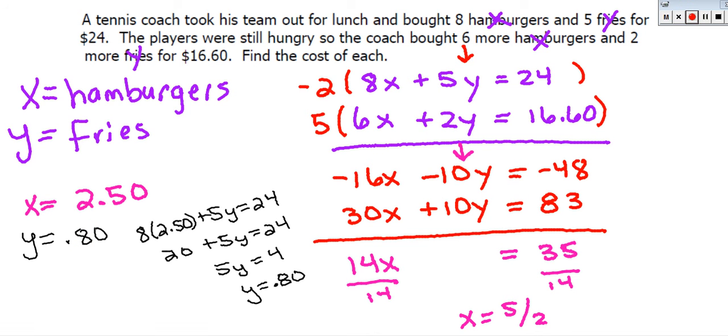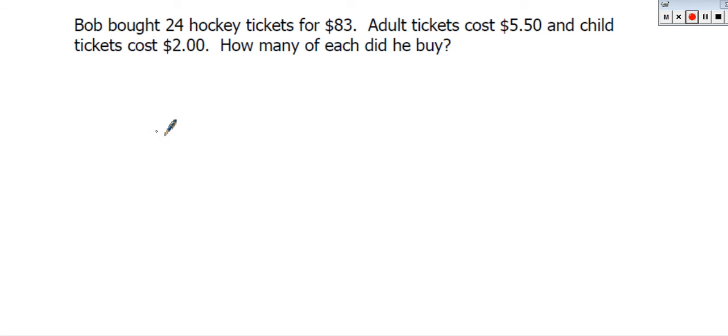Okay. Let's look at another problem. Bob bought 24 hockey tickets for $83. He has adult tickets and children tickets. So let's write some variables. Let's say X is adults, and let's say Y is child. Okay. So what does it say? It says Bob bought 24 tickets.